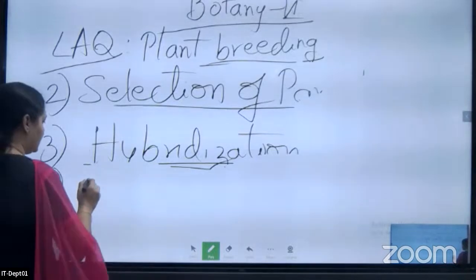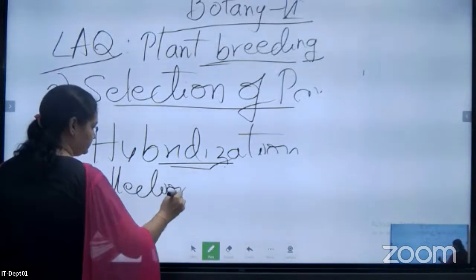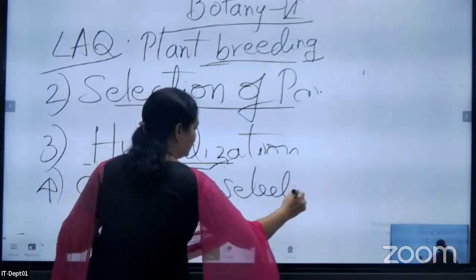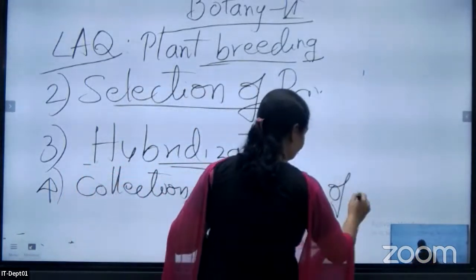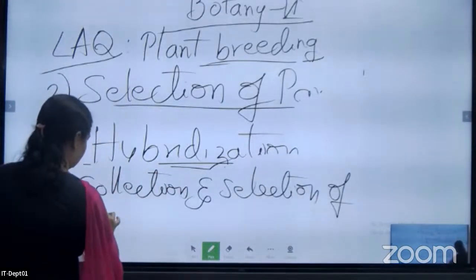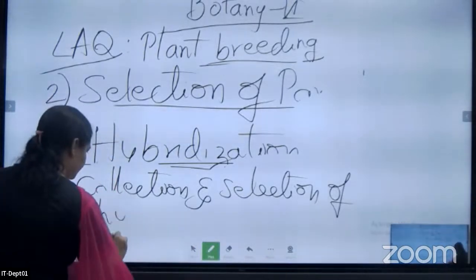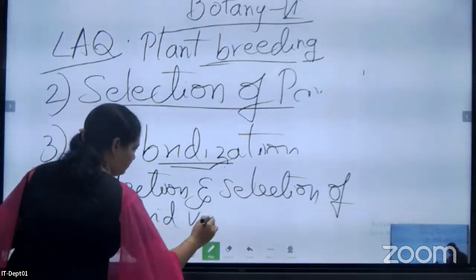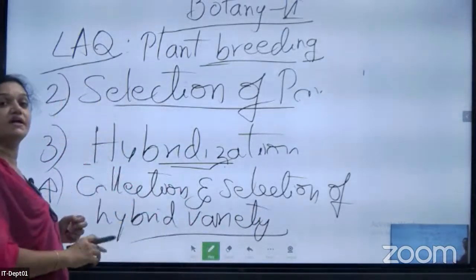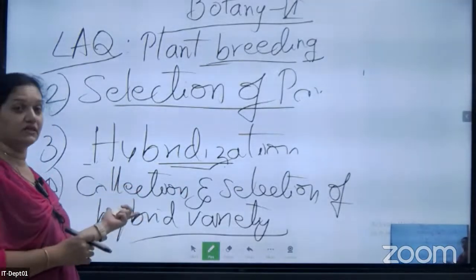So that is the collection and selection of hybrid variety. I am saying the side heading in the easiest manner for you, so that you can easily remember the statement.